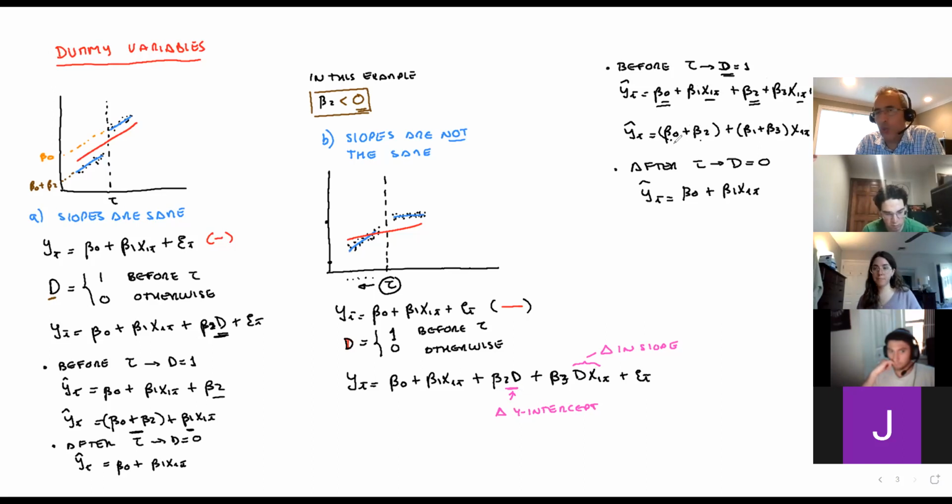So you can see that this is my new slope, and this is my new y-intercept, compared to this one here. That happens when we are in a period to the right of tau, in this part here. Okay, and then you get the red line, right? No. The red line is where, no, forget about that.